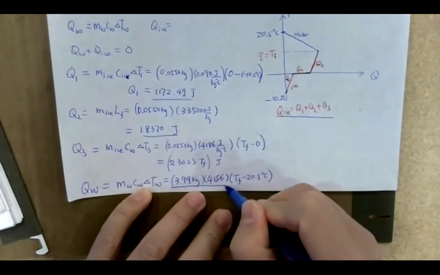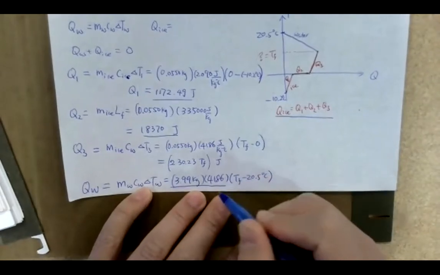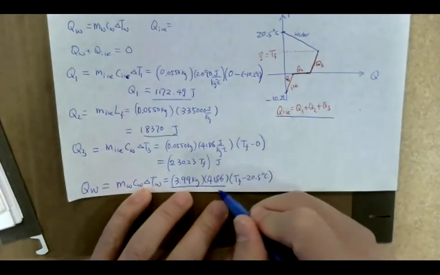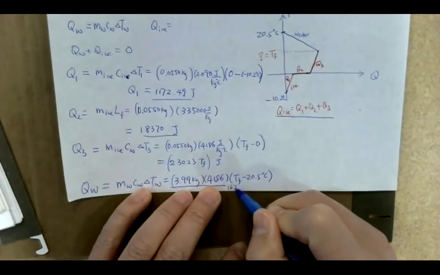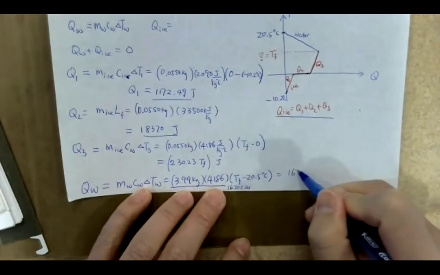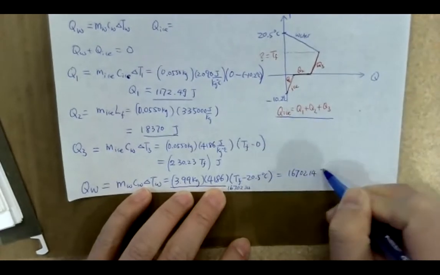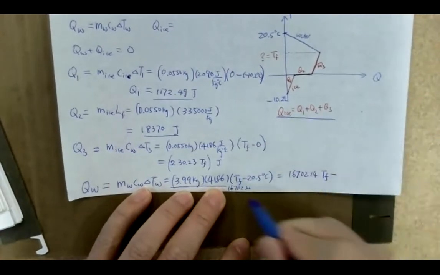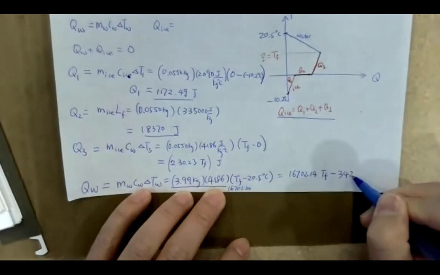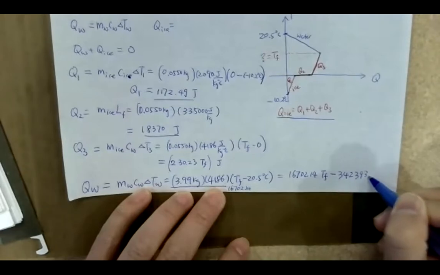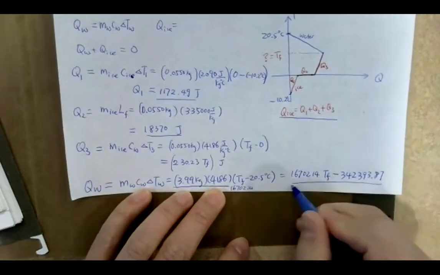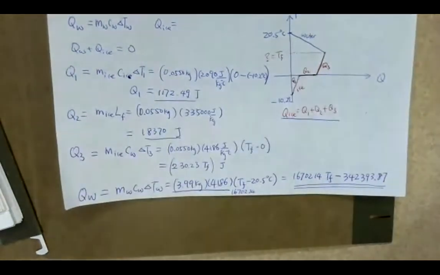These two, 3.99 multiplied by 4186, will be 16702.14. So then this is 16702.14 times TF minus this number multiplied by 20.5, so minus 342393.87. Okay, that should be in joules. That's your QW.